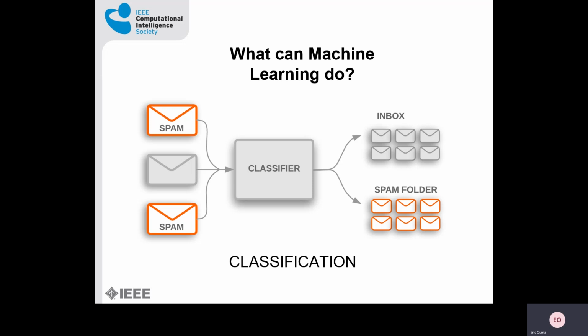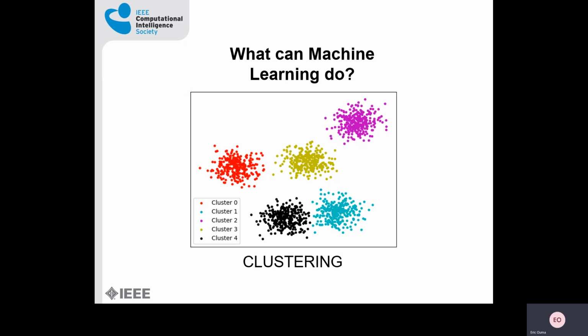Something else that machine learning can do is clustering. Imagine you have a social media platform and you need to run some ads, which is basically how most social media platforms make money. When you have a social media platform with millions of people, to be effective you can't just run ads. You need to find out who you should show this ad to, or who you should not show it to.